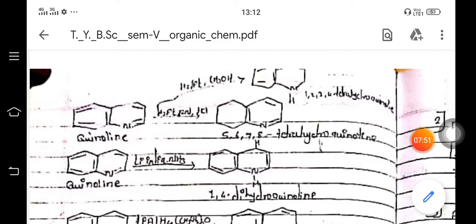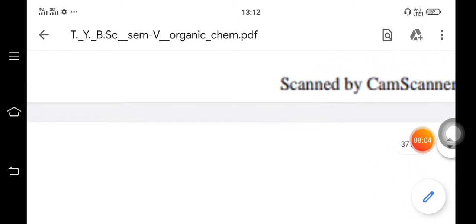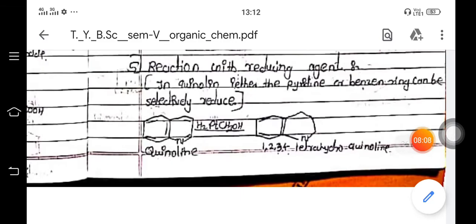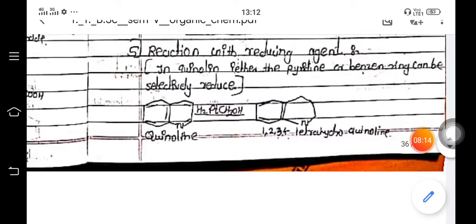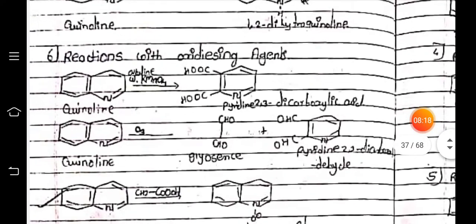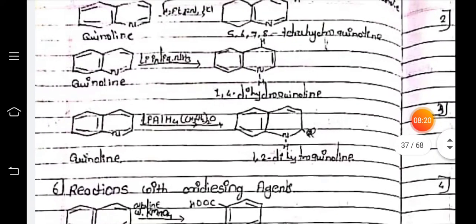And H2/Pt along with methyl alcohol selectively reduces the 5, 6, 7, 8 positions and forms 5,6,7,8-tetrahydroquinolines. Another one, H2/Pt in CH3OH, selectively reduces quinoline to 1,2,3,4-tetrahydro compounds.